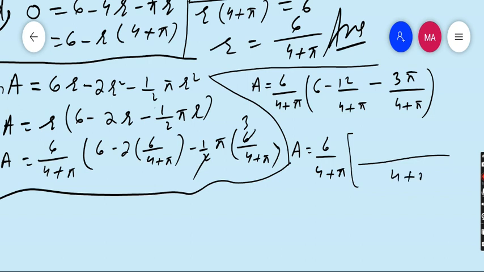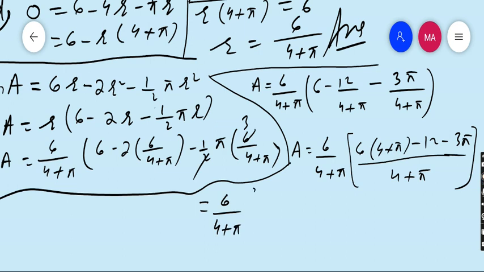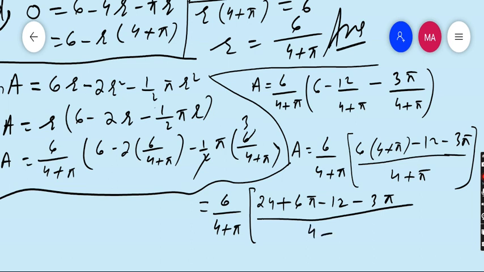Taking 4 plus pi as the LCM, it is 6 into 4 plus pi minus 12 minus 3 pi, upon 4 plus pi. 6 4s are 24 plus 6 pi minus 12 minus 3 pi upon 4 plus pi.